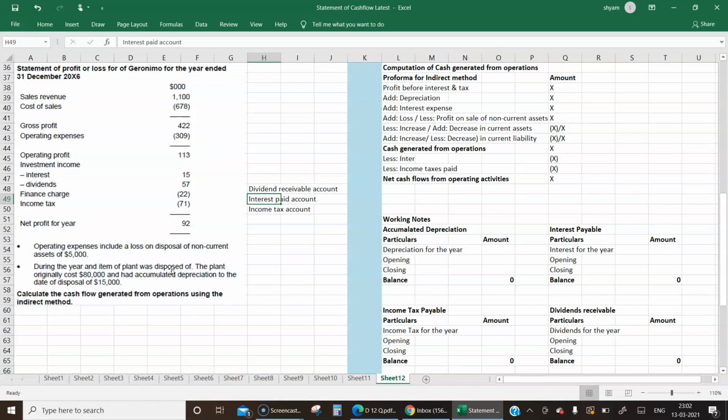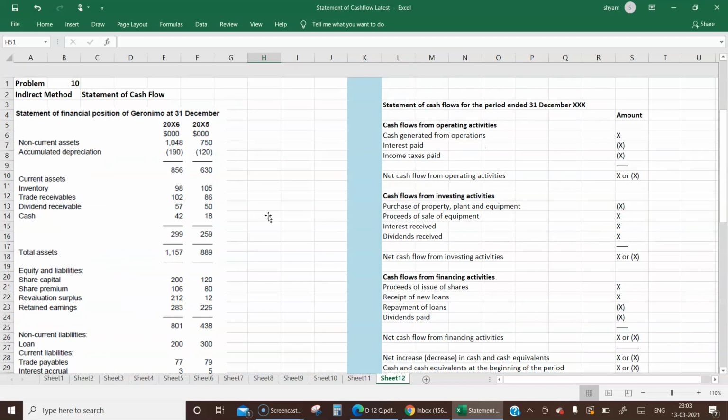So what is the adjustment here? I think you could open an account here also. So these are the accounts that we have to initially open. Okay, so we'll start with the format here.